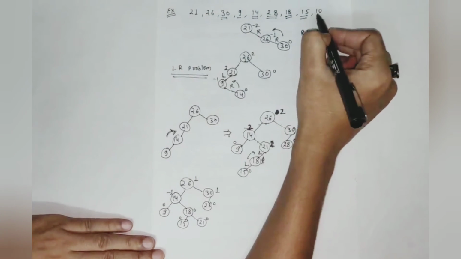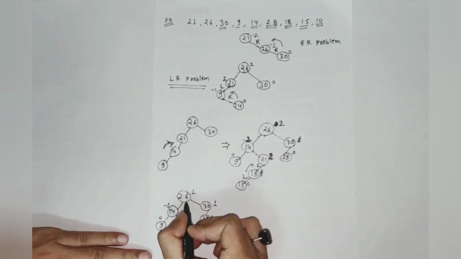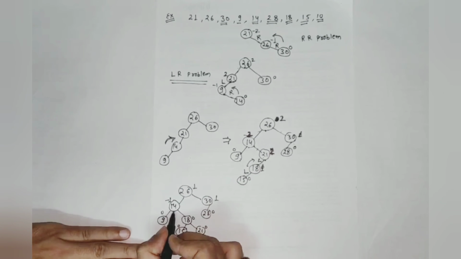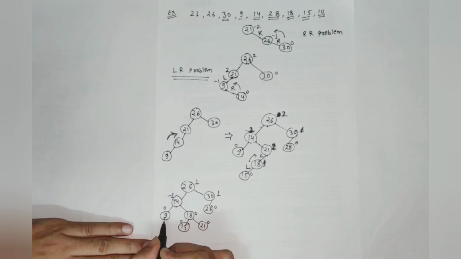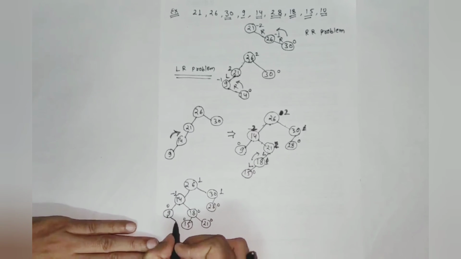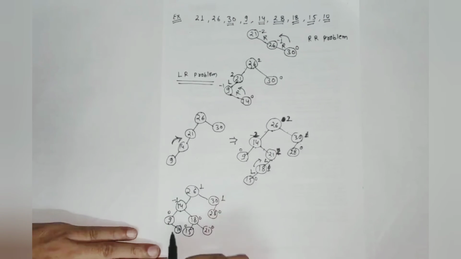Now we need to insert our last node 10. So 10 is less than 26, less than 14 and greater than 9. So greater than 9 will be on the right hand side. So it is 10. Now we will check the balance factor.